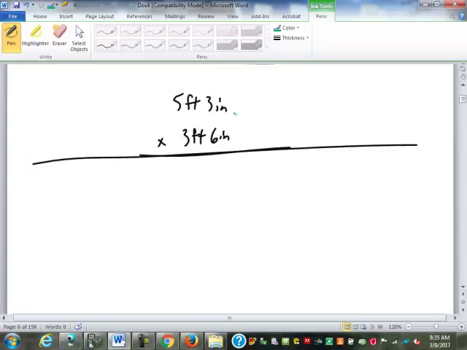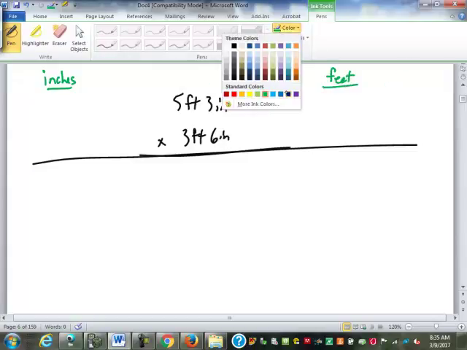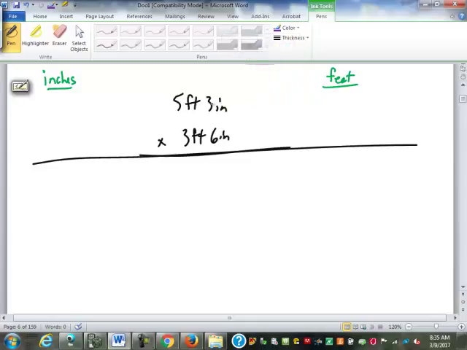So typically, we either convert everything into inches or everything into feet. So to convert these into inches, 5 feet 3 inches, how am I going to convert that into inches? 5 times 12 is 60 plus 3, 63 inches. 3 feet 6 inches, how am I going to convert that into inches?